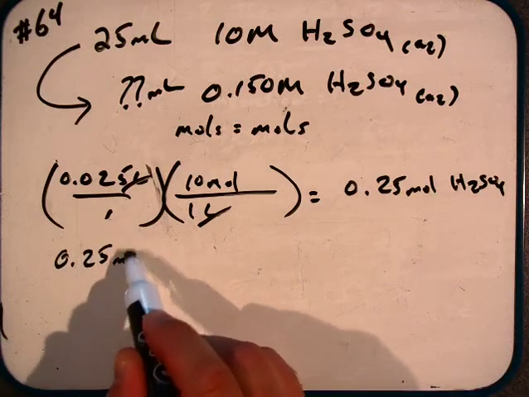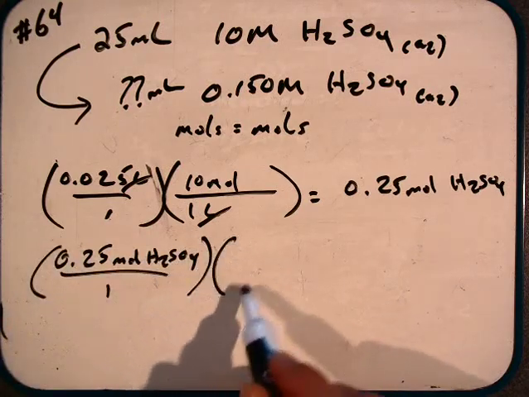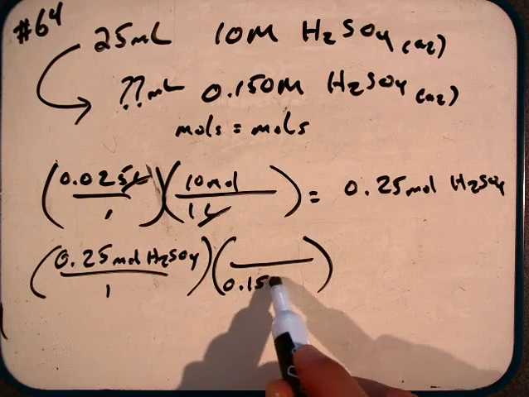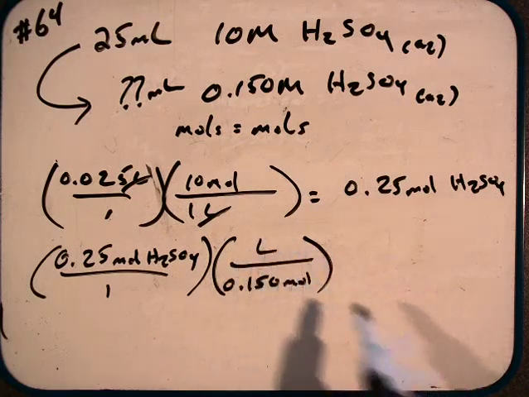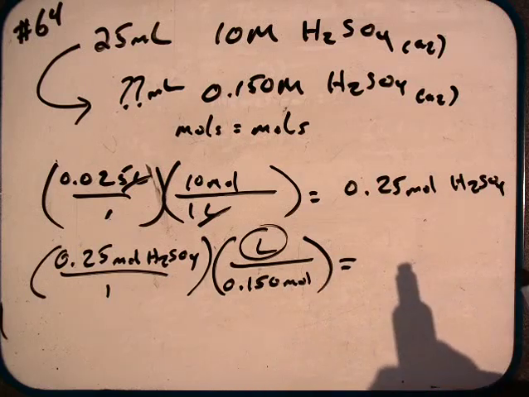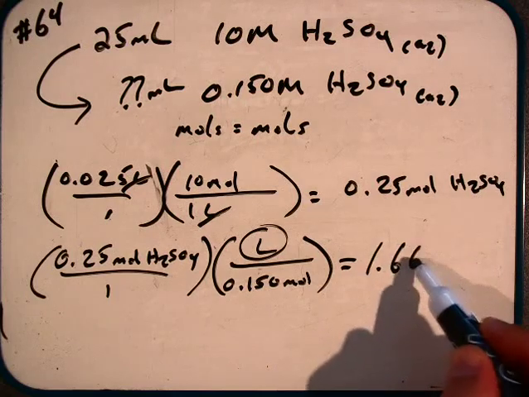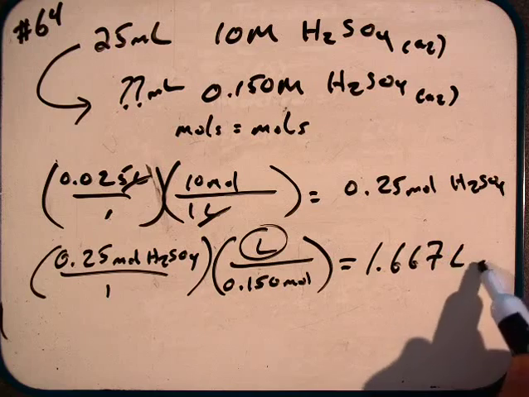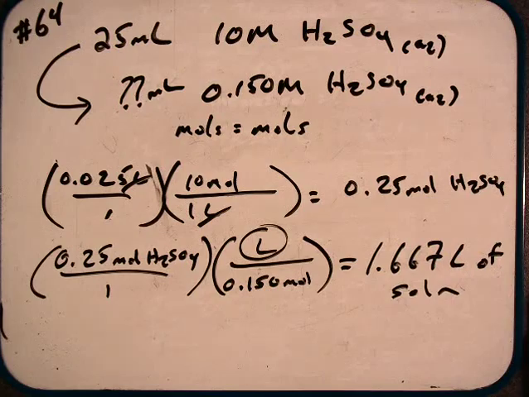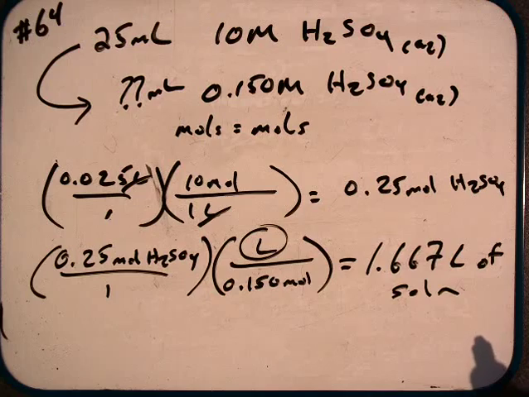And so we'll use it for the next part of the calculation, where we take the moles of sulfuric acid that we began with, and then we use our new concentration to figure out our new volume that we need to use or add to make this particular diluted solution. And we end up with 1.667 liters of solution is required to now generate this 0.150 molar solution.